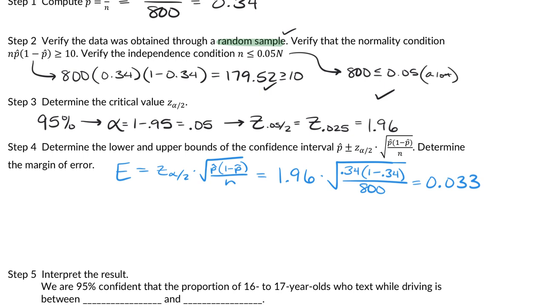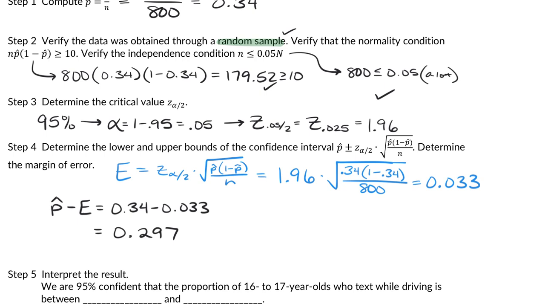This means that we can very easily do our lower and upper limits. The lower limit of the confidence interval is p hat minus E, which means we're doing 0.34 minus 0.033. Should get 0.297.